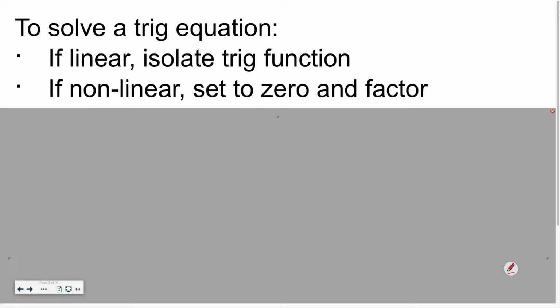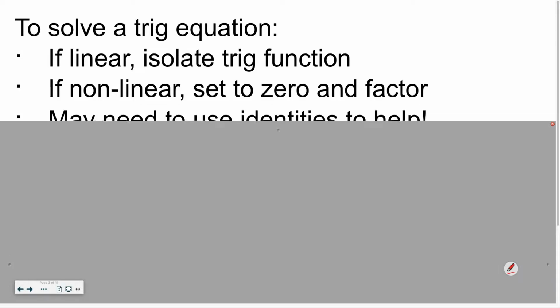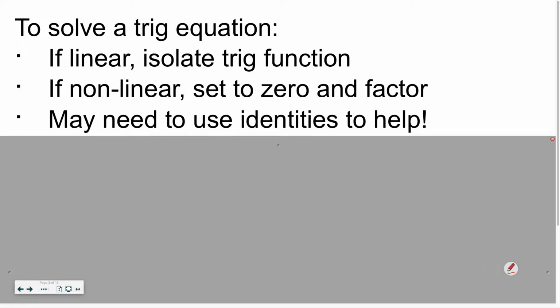Now, these are more the types of problems that we will look at on Tuesday. Some of the nonlinear types of problems, especially these right here, we still may need our identities. I'm not saying that you need to use your identities every single time, but there are going to be situations where you're going to need to reference them.